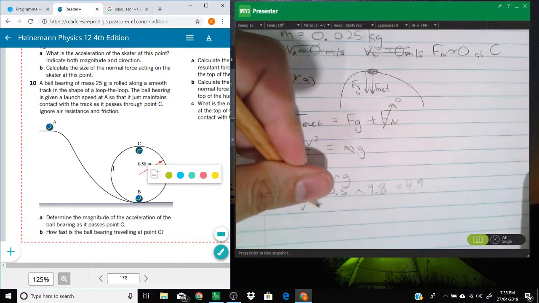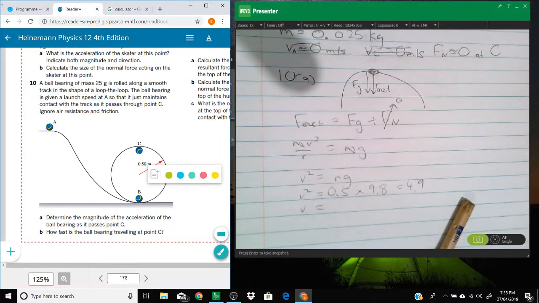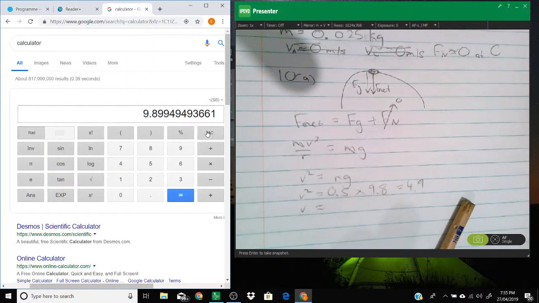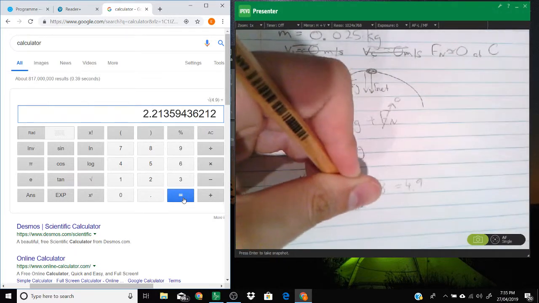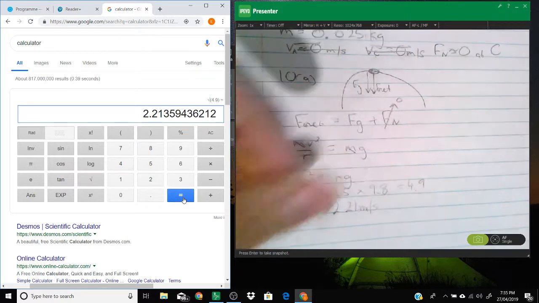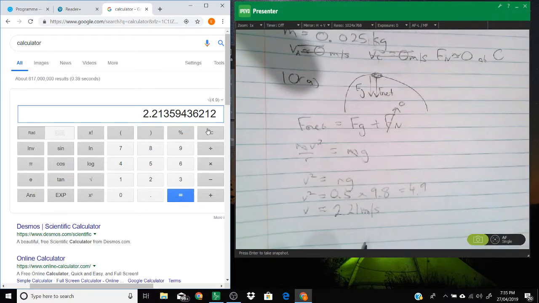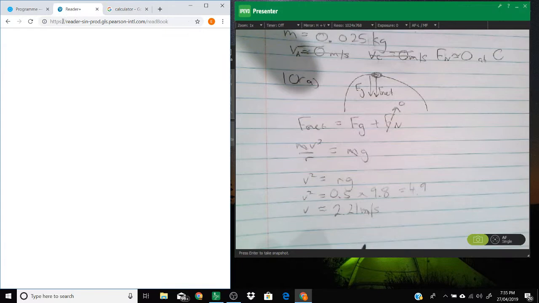Okay, V equals the square root of 4.9. Okay, 2.21 meters per second. So there you go. Was I working out what I needed to, or am I doing the second part?